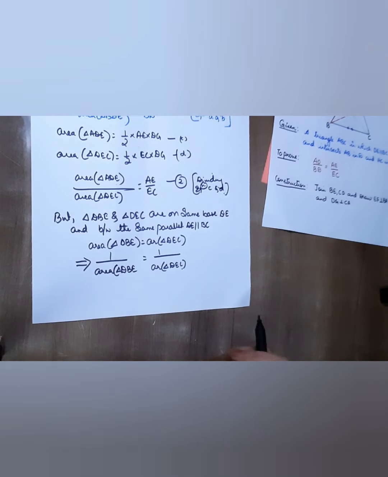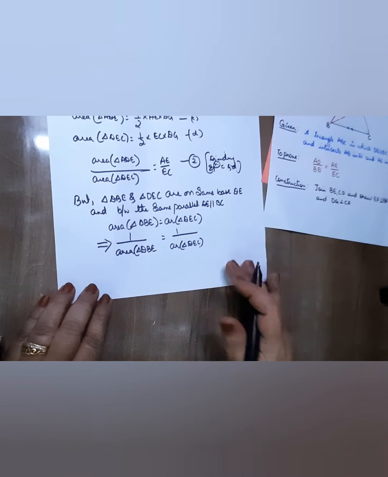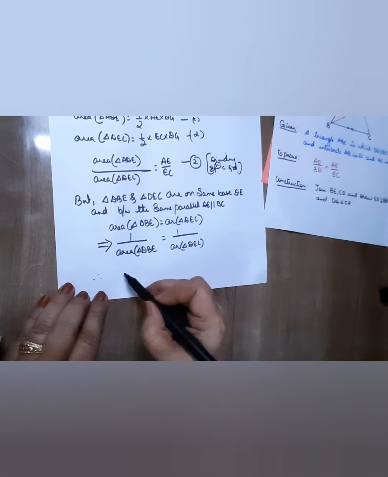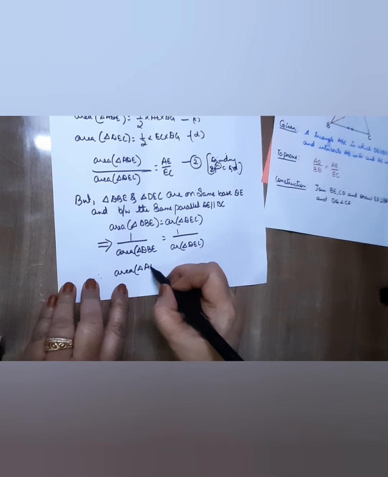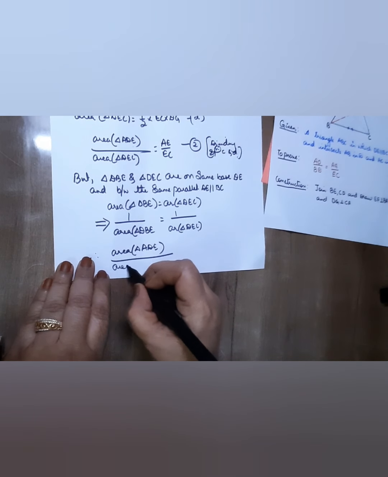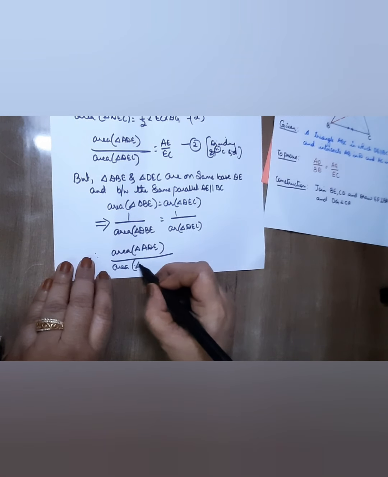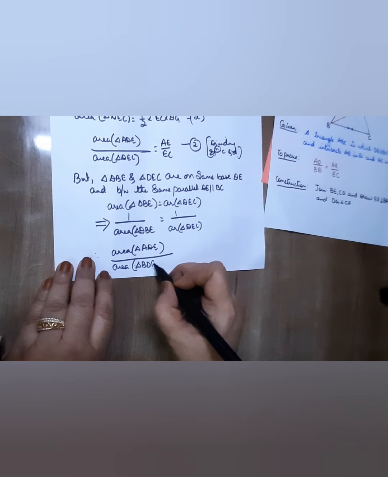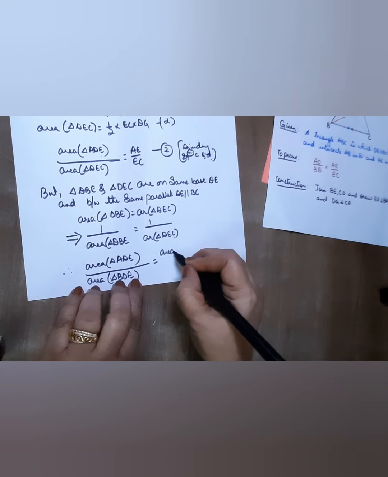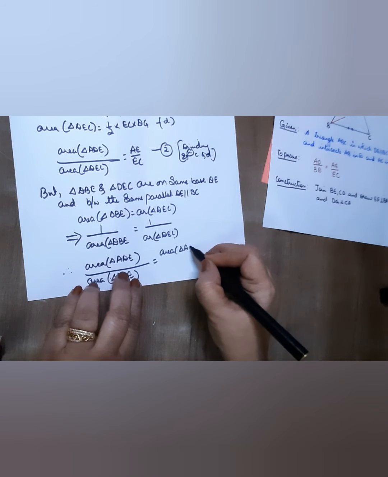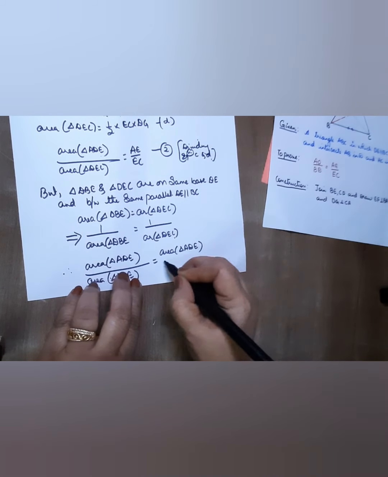Therefore area of triangle ADE divided by area of triangle BDE is equal to area of triangle ADE divided by area of triangle DEC.